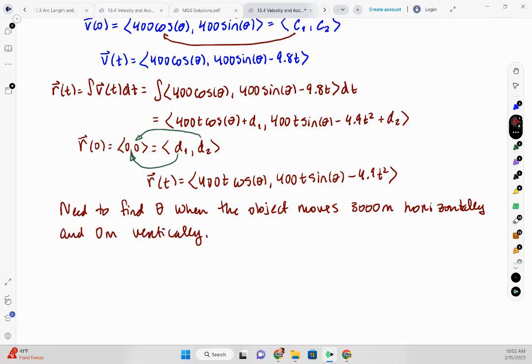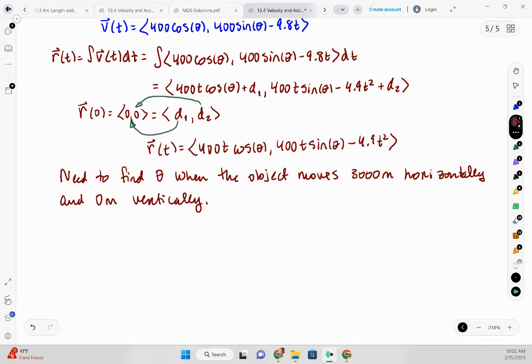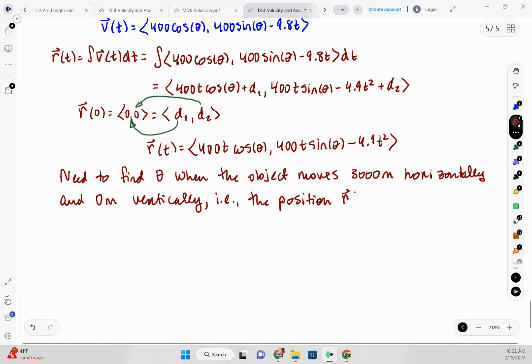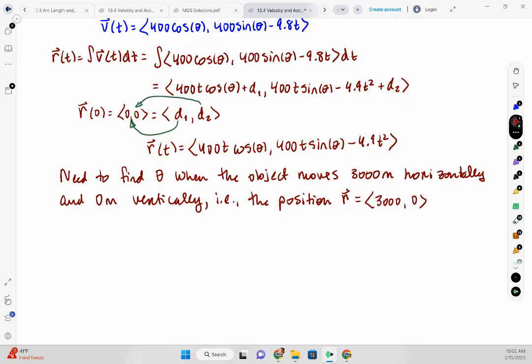So in other words, we want the position r of t. We're not sure when this time will happen, but we want to know when r is equal to (3,000, 0).